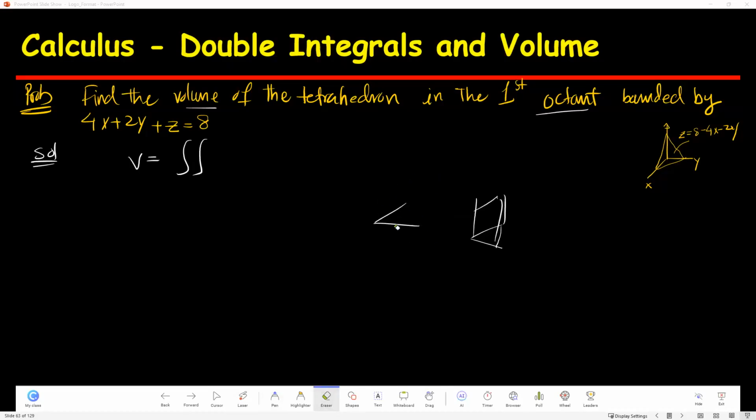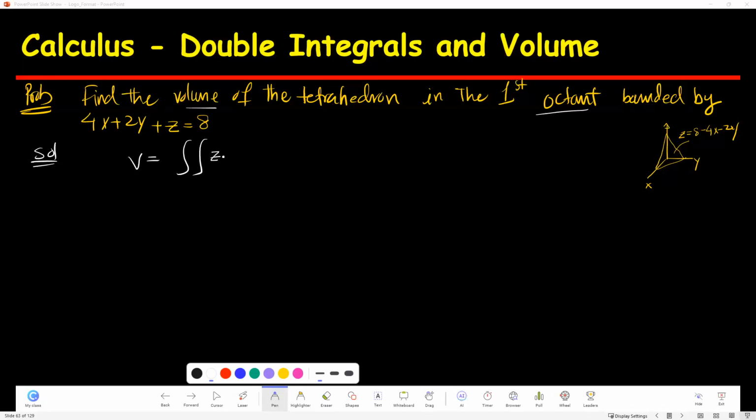But in real life, a double integral is not guaranteed to give you a volume, because if you start with a line, you may not end up with a volume. So I'm going to take z as a function, dx dy, or dy dx.